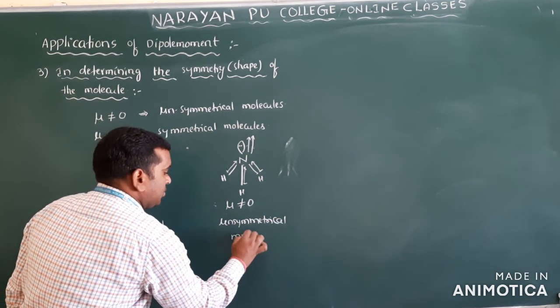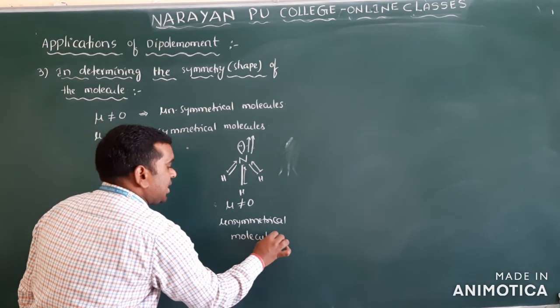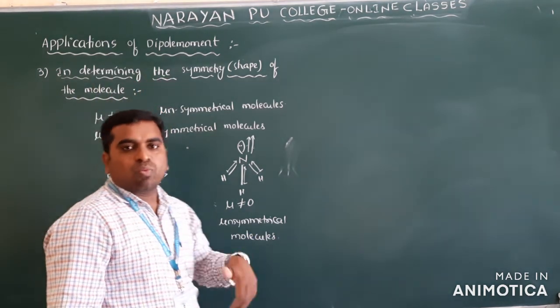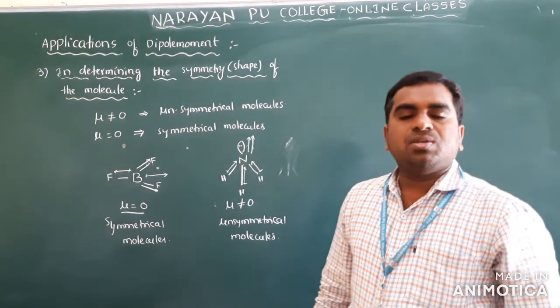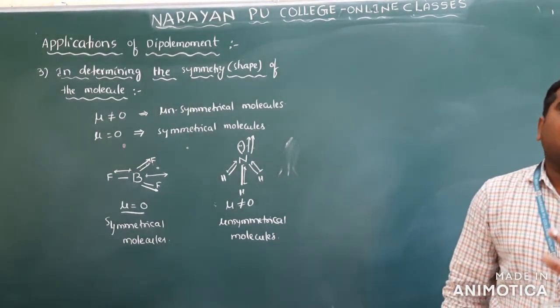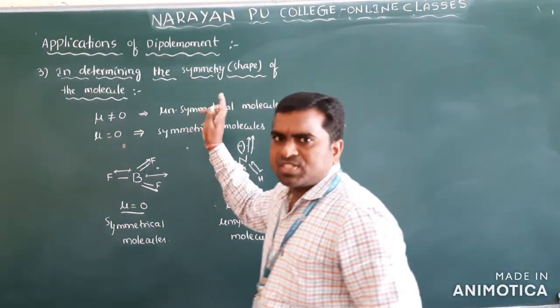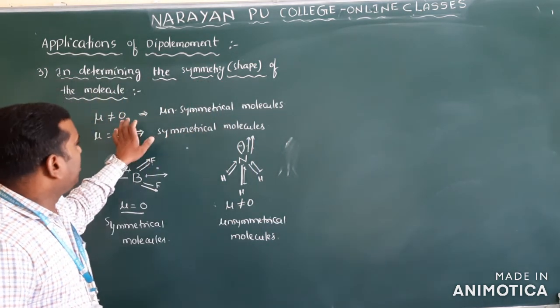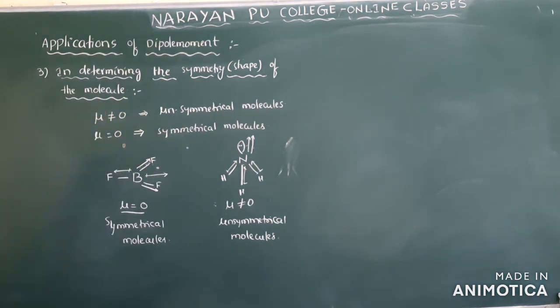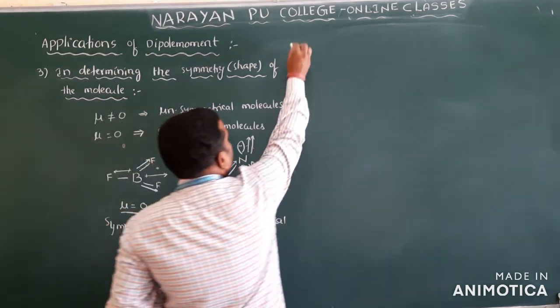So this is the concept. By using dipole moment, we can say whether a molecule is symmetrical or unsymmetrical. Remember, for symmetrical molecules the dipole moment will always be 0. Clear?